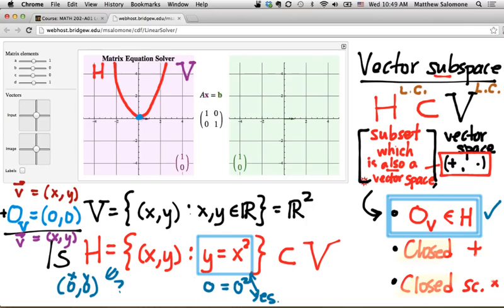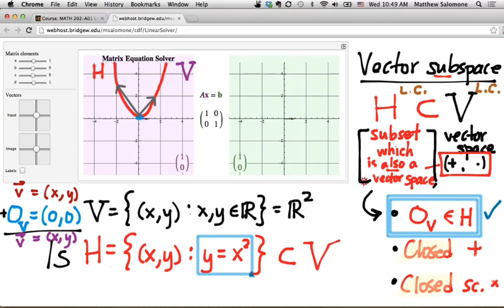All right, so now comes the next property, which is closure under addition. How are we going to verify whether or not this set, H, is closed under addition or not? What is my burden of proof here? That's right.